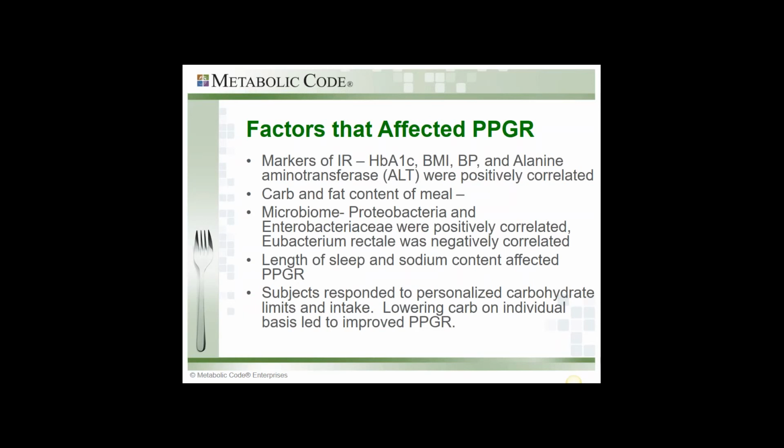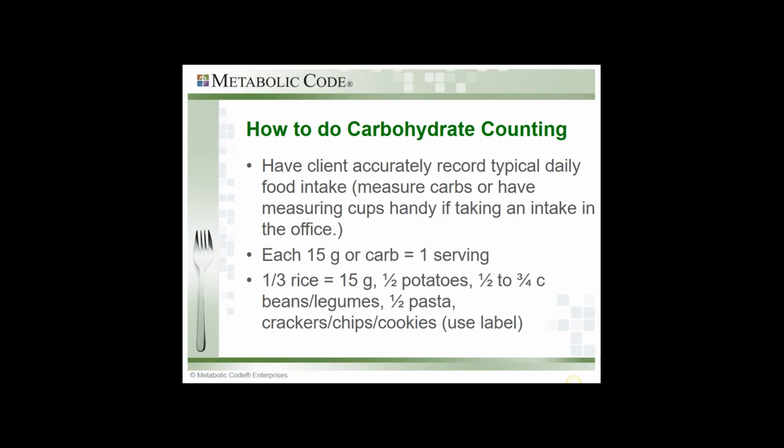They put them on the lower carbohydrate diet based on those individual responses, and it brought them into a range where they had a controlled postprandial glucose response. So basically what they were saying is carbohydrate counting is the way to go, and that is actually what they used in that study, carbohydrate counting.